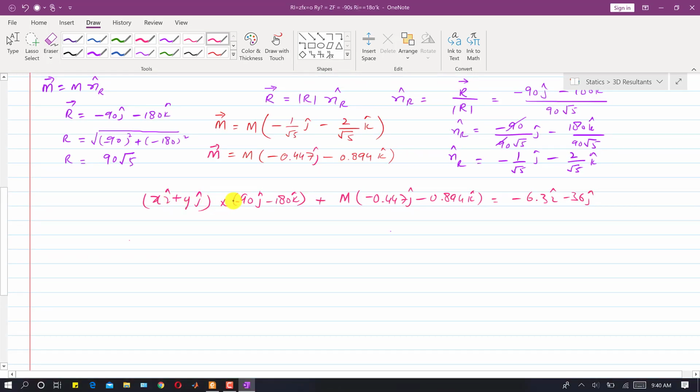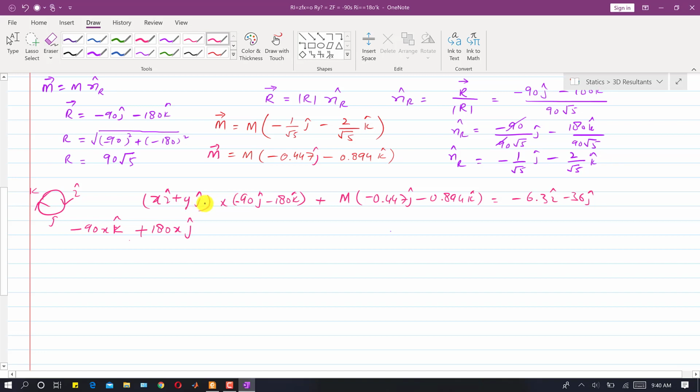Now if we take the cross product of these, we will get minus x into 90, so this will be minus 90x, i cross j, and i cross j is k, right? Let me draw this. So i, j and k, and then we have to multiply this with this, so this will be minus 180x, and i cross k is minus j, so minus j, so minus will make it plus.